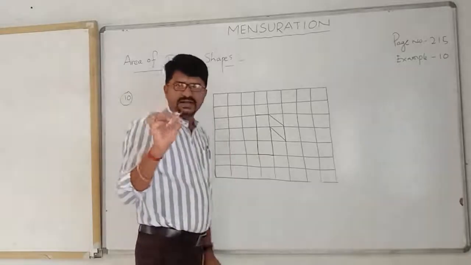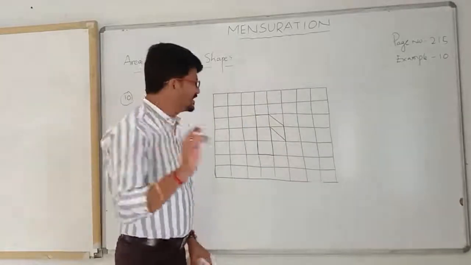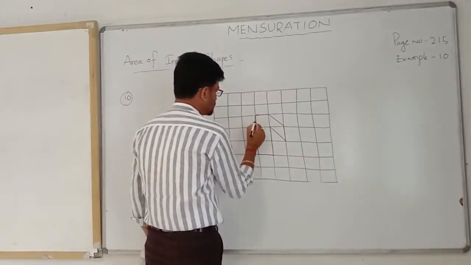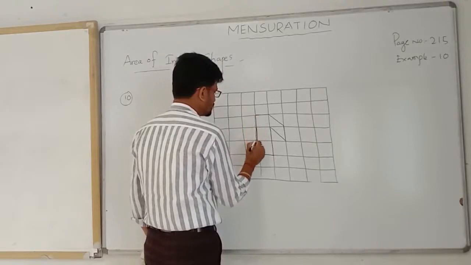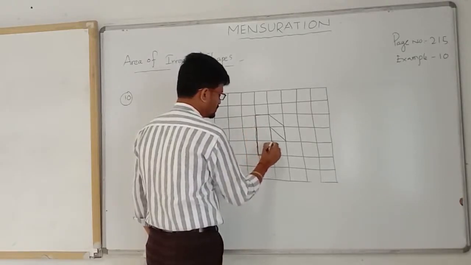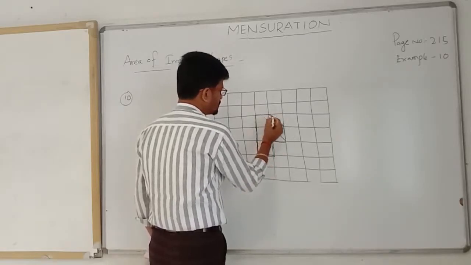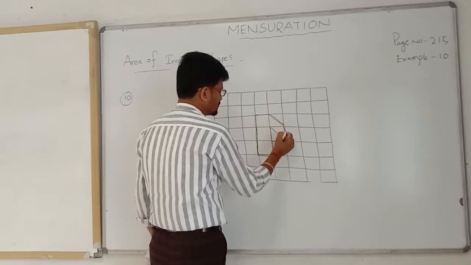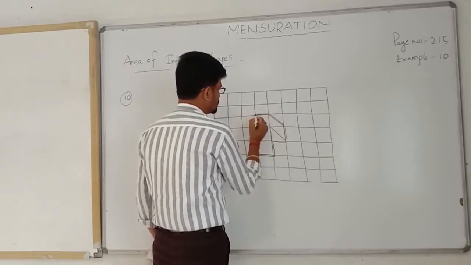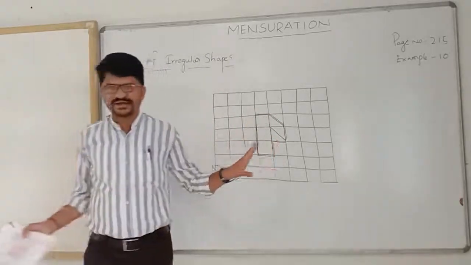For understanding, I have drawn all these lines with a dark line. For understanding, I will give a small curve like this. See, this is the shape. Did you all find it now?